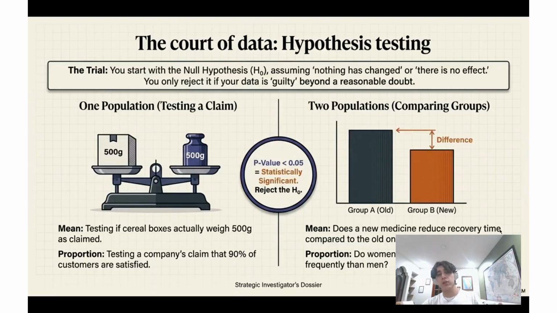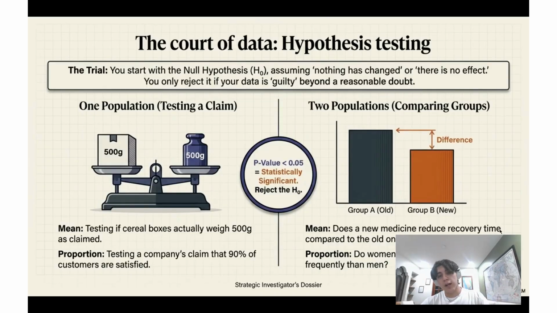There are two types of hypothesis testing: the one population and the two populations. With one population, we are testing a claim. For averages, for example, testing if cereal boxes actually weigh 500 grams as claimed, and for percentages, testing a company's claim that 90% of customers are satisfied.